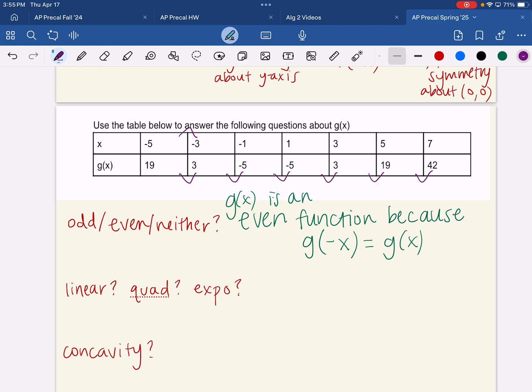Do you remember we would have to check for consecutive, equal length input value intervals? So they're all in a row, they're the same distance apart from each other, and then we would have to see how that function is changing over those consecutive equal length input value intervals.